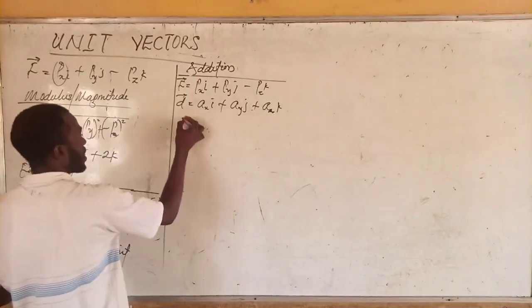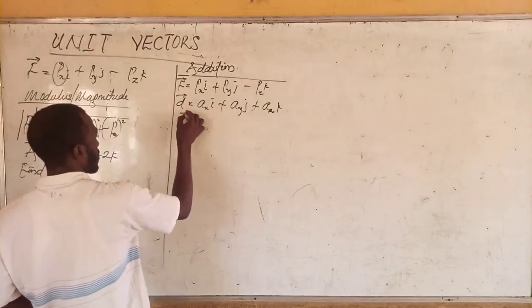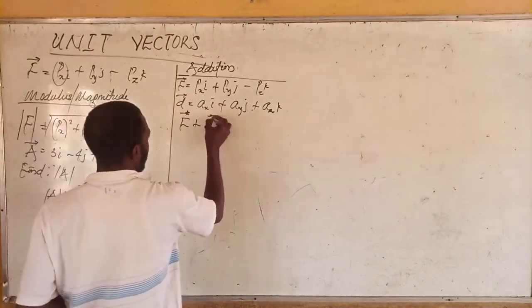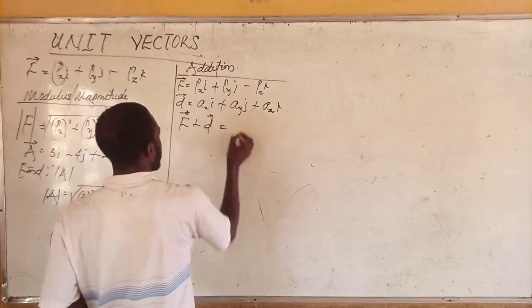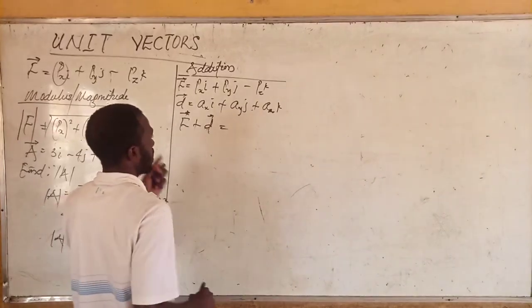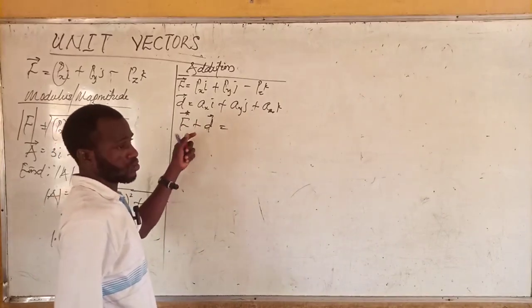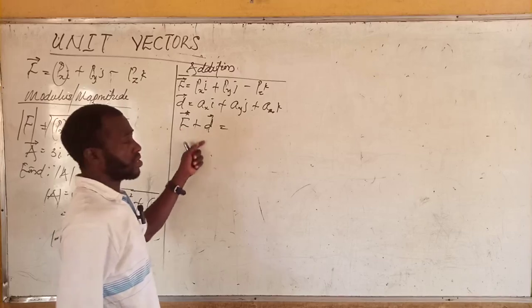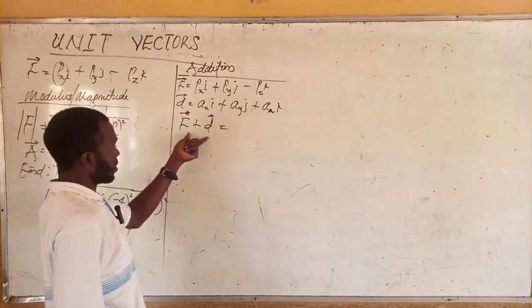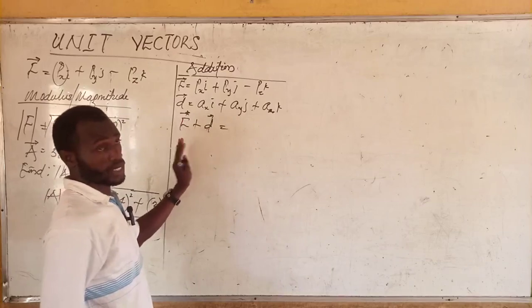Now I tell you to find vector F plus vector D. Albeit you can't add this, since if this was distance and force, you're not going to be adding them, but I'm just giving an example.